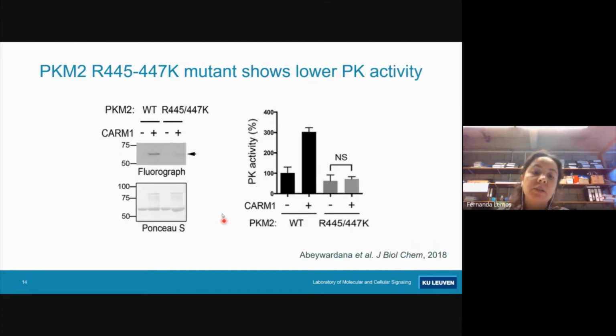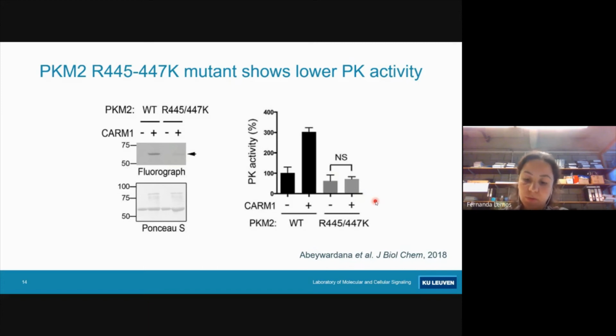According to the literature, the double mutant, the substitution of arginine at positions 445 and 447, almost completely abolished the methylation of PKM2 and decreased significantly the pyruvate kinase activity.